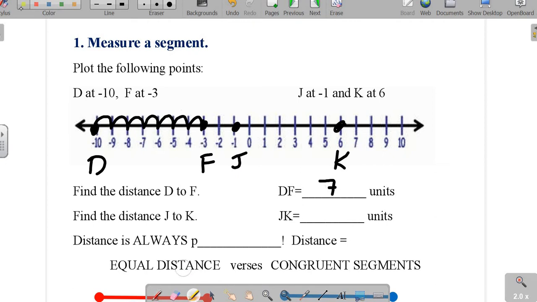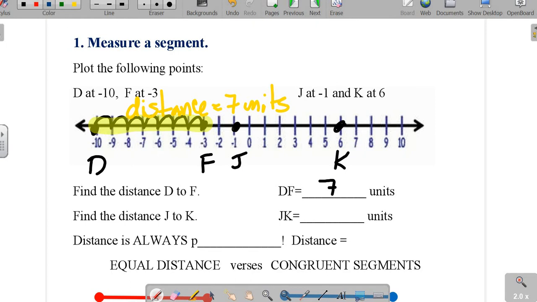Now, we're working on the negative side, but it's very important that even though we're working along the negative integer side of the number line, distance is always a positive concept. Distance is always a positive concept. So the distance of D to F is 7 units.